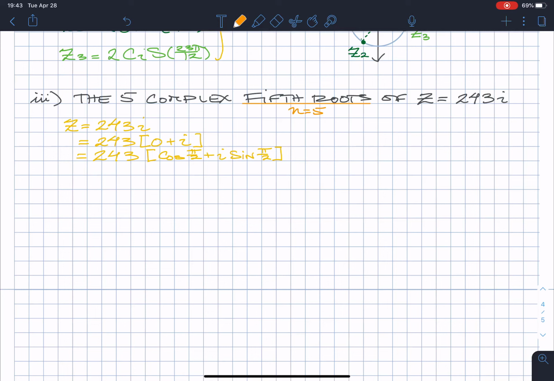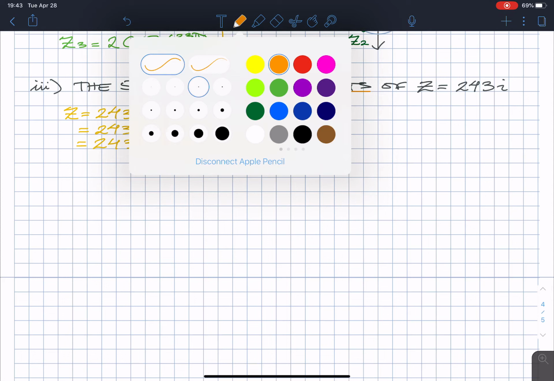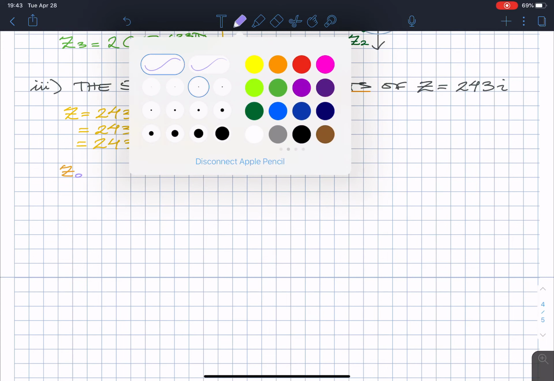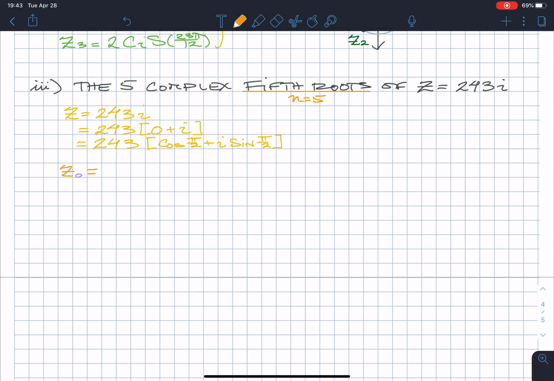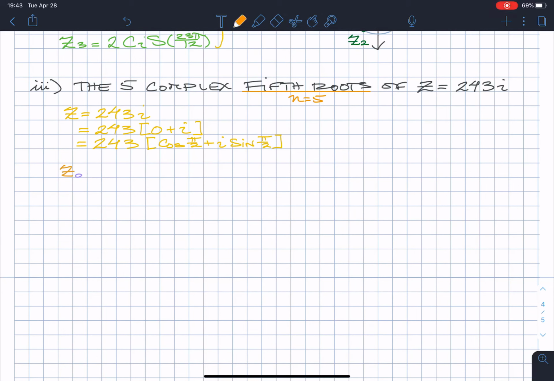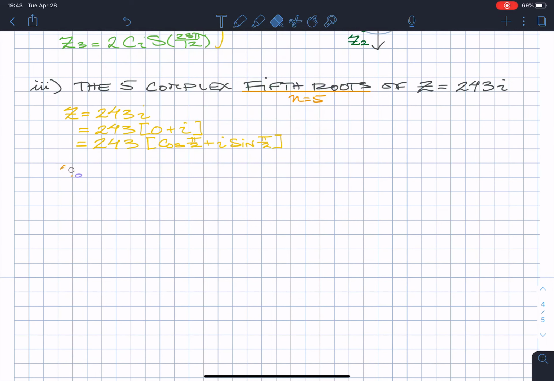So all I really need to do is find my first root, z sub 0. So actually, what color should I use? These colors are too similar. Let me use a different color for that. Let's use this brown, even though I hate brown.